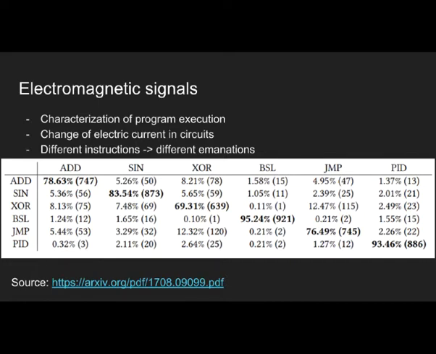So here, this table shows that the network is able to identify these simple operators. So at a very low level, it works, and you can translate that up to higher levels. And the electromagnetic signals are essentially just changes of electric current inside the PLC itself.